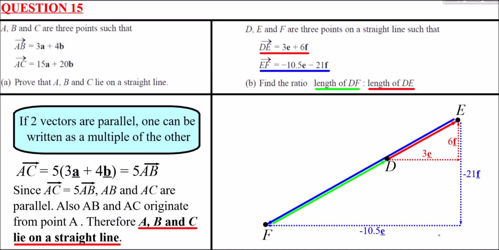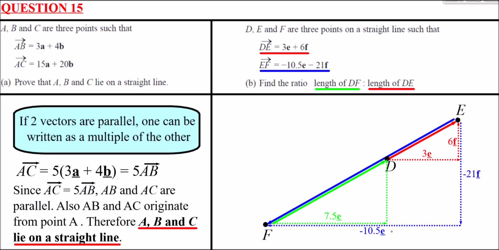then let's just be thinking, if from here to E is 10.5 units along, from E to D going along is 3 units, I need an extra 7.5 units to get the full distance to F. So what we know therefore is that this bit must be 7.5e. 7.5e plus 3e is 10.5e to the right.